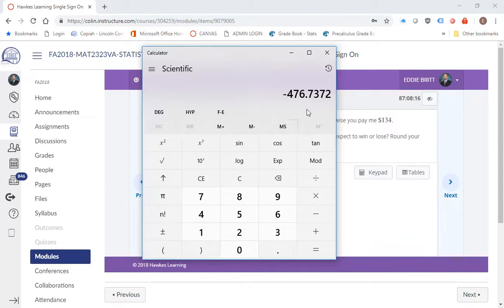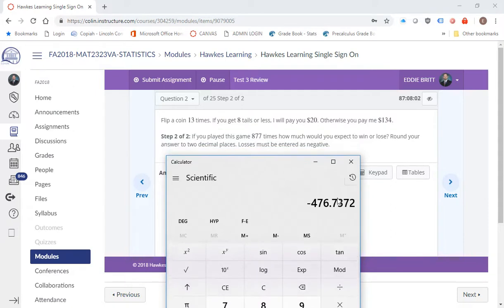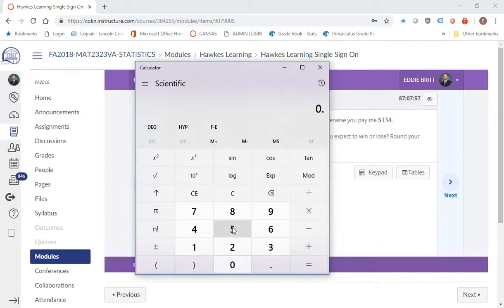Now, I will admit that sometimes these programs don't exactly do what they're supposed to do, because on this problem, what they actually want you to do, instead of putting in the 0.5436, is put in just 0.54. So I really don't agree with that, because I would rather use exact values at all times. But if I put in negative 0.54 and multiply that times 877, this is the answer they're expecting.